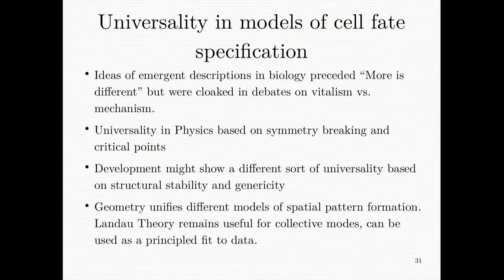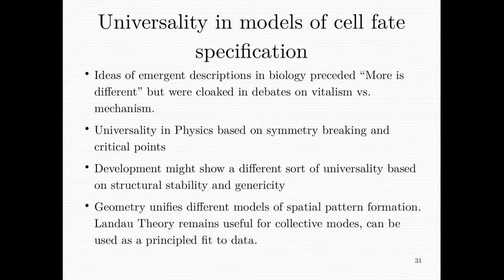And so there might be other criteria, and here I've tried to argue that criteria like structural stability and genericity of dynamical systems, which tie to biological concepts like robustness, might be important in still showing a kind of universality in biology where you can classify the kinds of dynamic possibilities that exist.